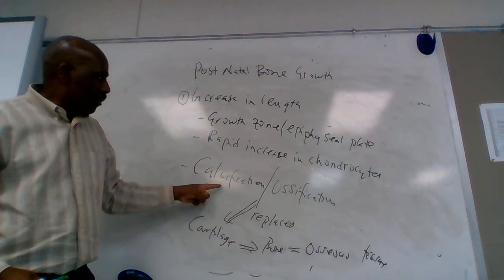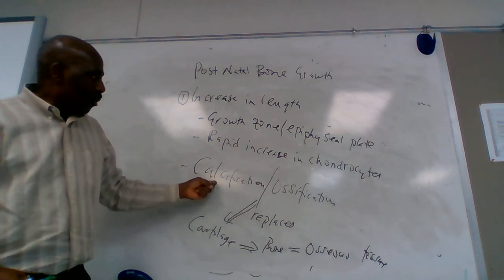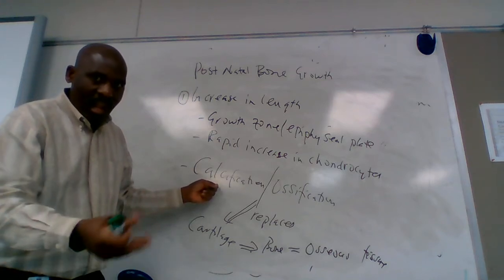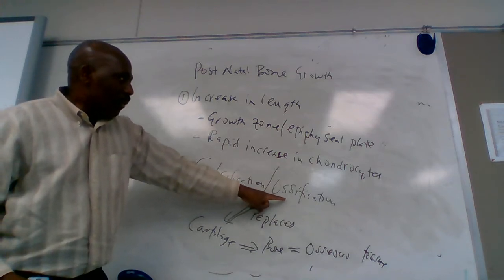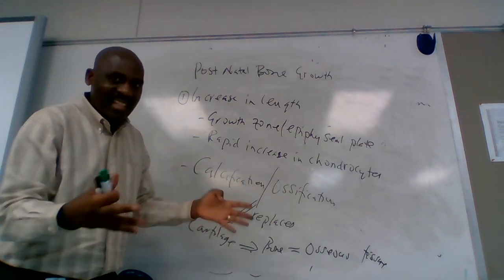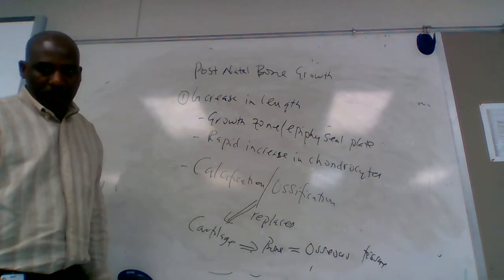That process is called calcification or ossification. It is called calcification because it is the addition of calcium phosphate. Ossification means the hardening, making it hard. So these two terminologies go together.